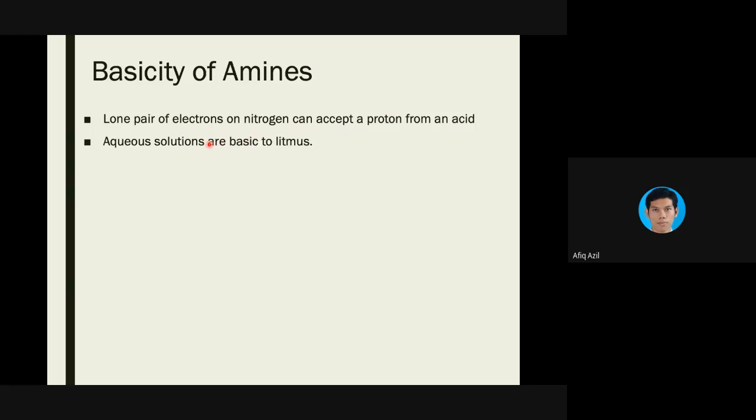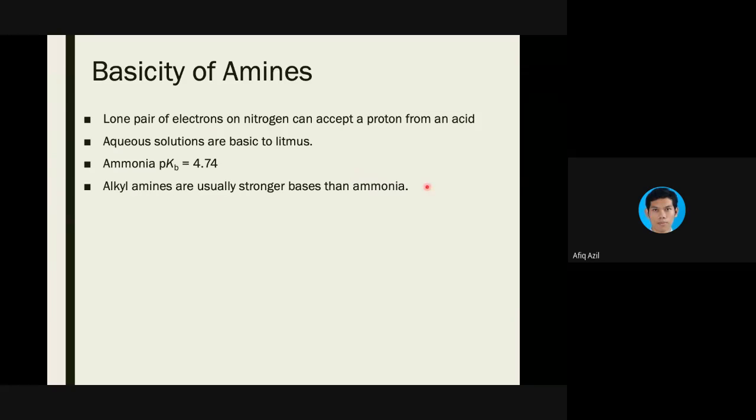And aqueous solutions are basic to litmus. So if you do a litmus test on amines, you will get a result showing that it is a basic compound. For example, the value of pKb for ammonia is 4.74. Alkyl amines are usually stronger bases than ammonia.